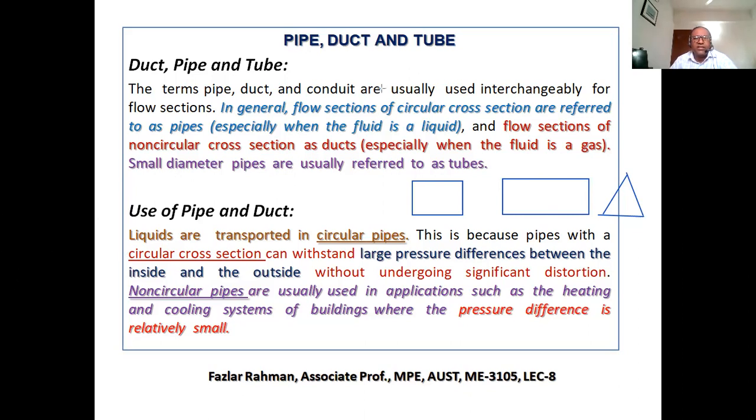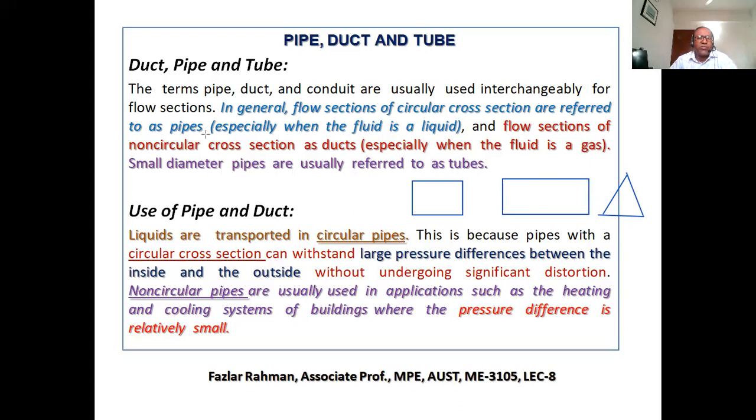In general, flow sections of circular cross section are referred to as pipe. If they are circular, then we call it pipe, especially when the fluid is a liquid or might be gaseous. For example, all the natural gas flowing around Dhaka city from Kumilla to Dhaka is flowing through a circular pipe, right?